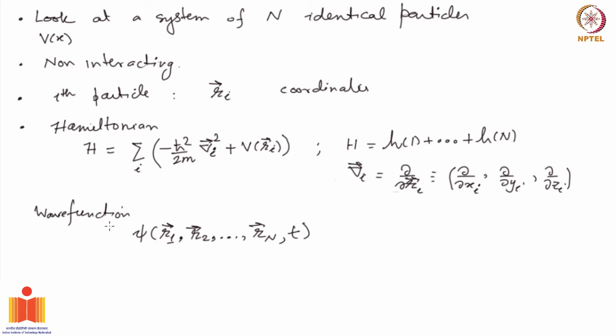Well, the equation of motion is the same Schrodinger equation. So you take i h bar, the partial time derivative of psi, and on the right-hand side it should be H of psi.